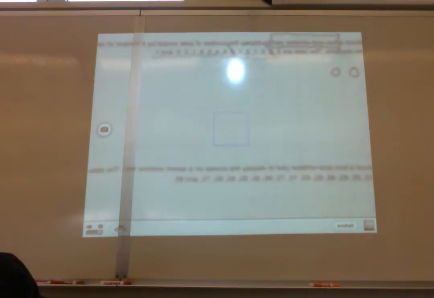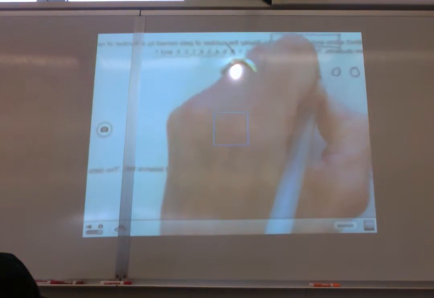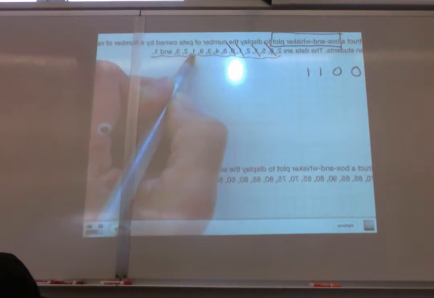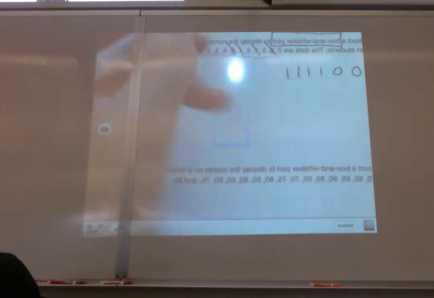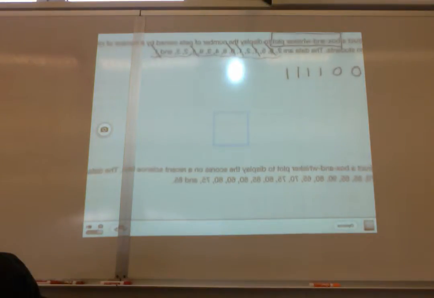What's the next biggest number? 1. There's 1, 2 ones right here. One more. And there's another one after that. There's 4 total ones. As I put them in order, I'm just going to scratch them off my list.